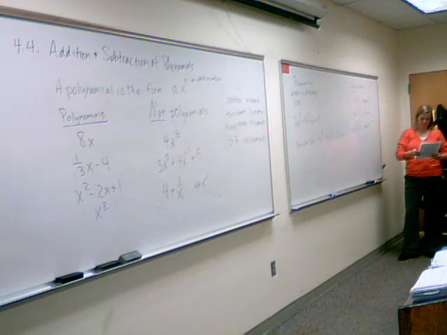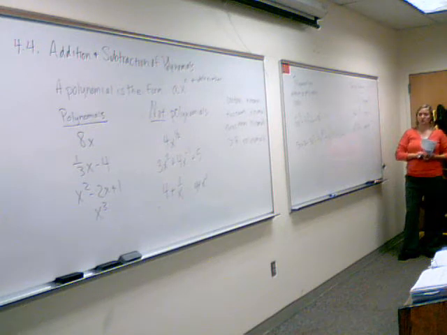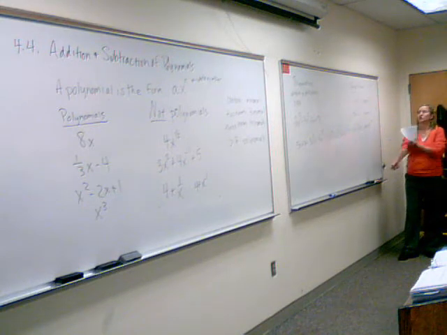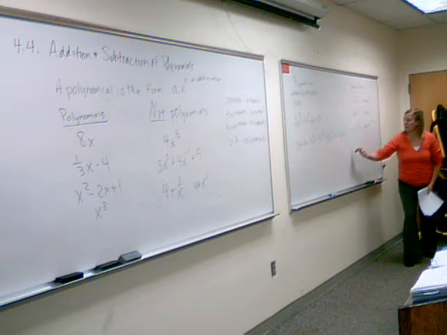And the only reason that we need to know degrees is because the order has to be in descending order of degrees. And if you ask what is the degree of a polynomial, it will be the highest degree term. So let's say I have a trinomial, and I have all 3 of these in one equation.